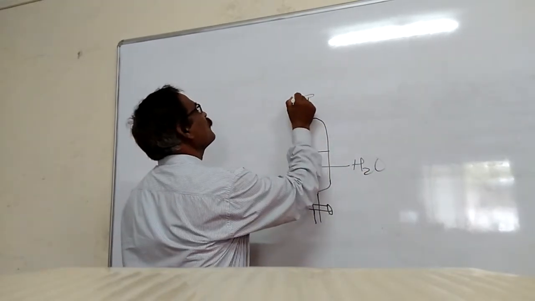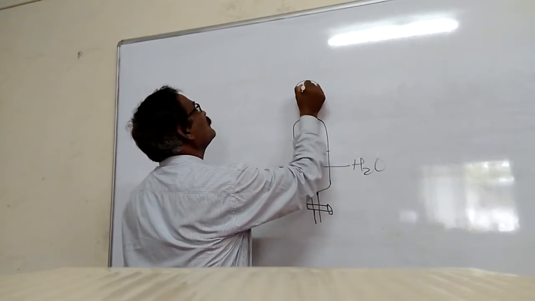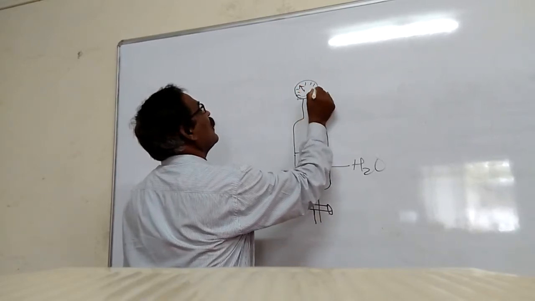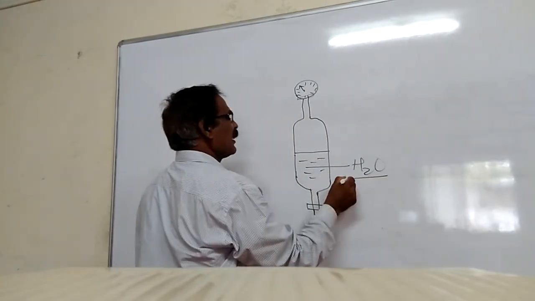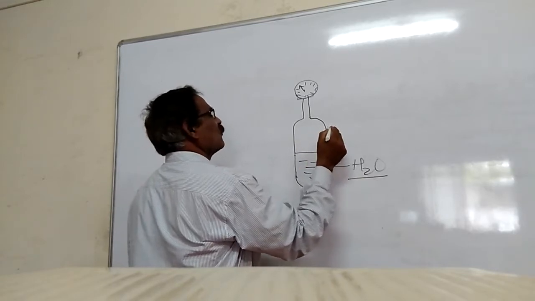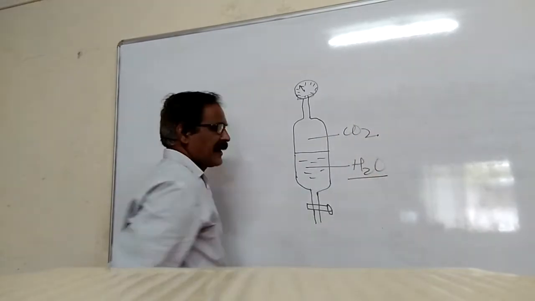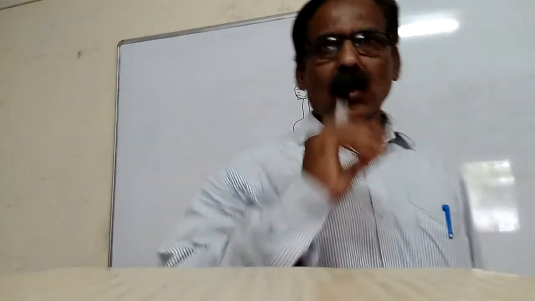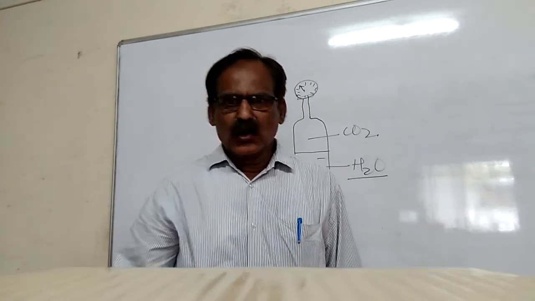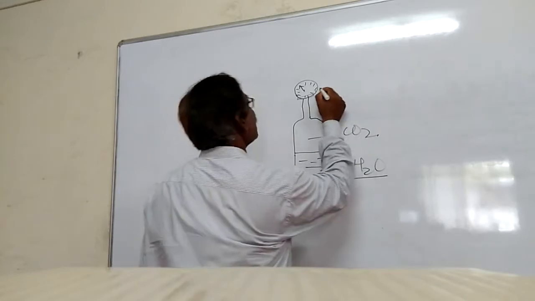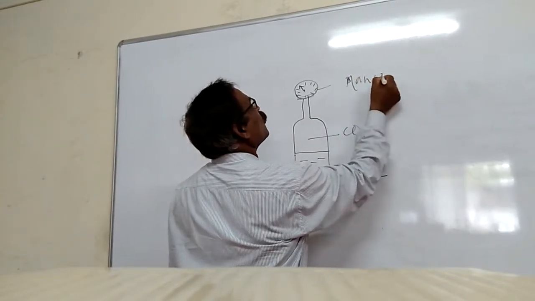Let us suppose we have taken a Hempel pipette, filled it with 500 ml water, and we have filled CO2 gas above water in the Hempel pipette using a manometer or pressure gauge.